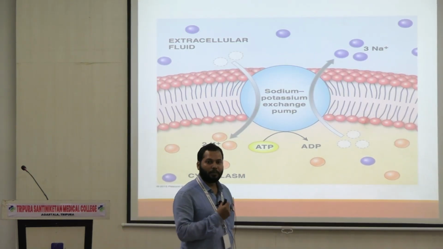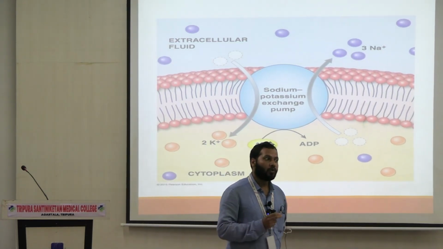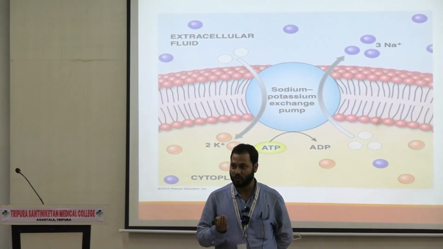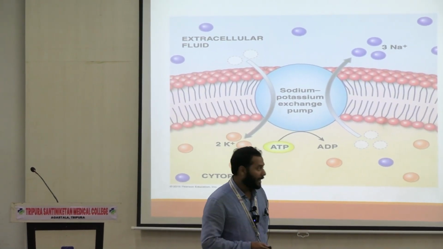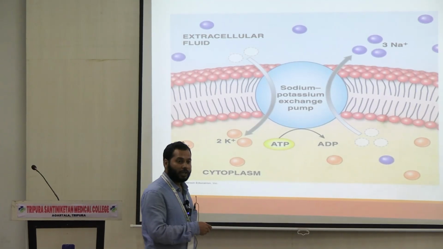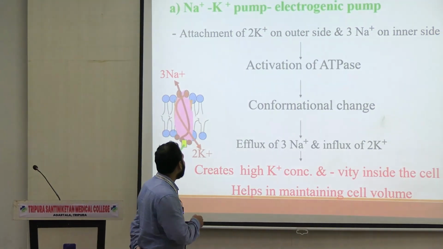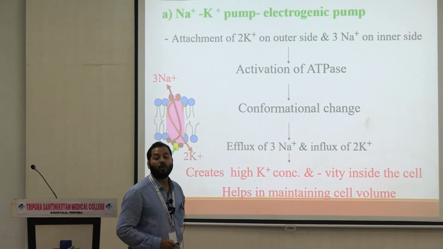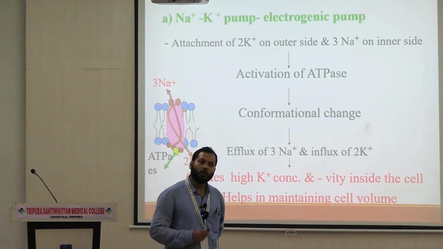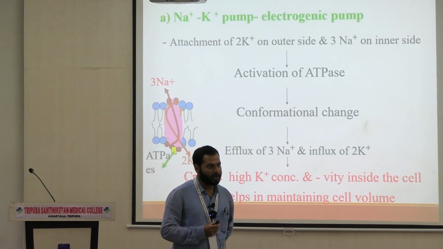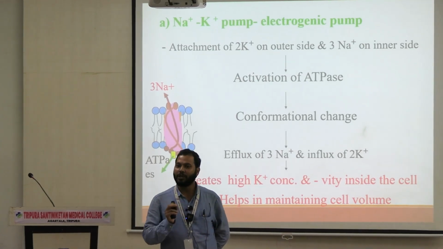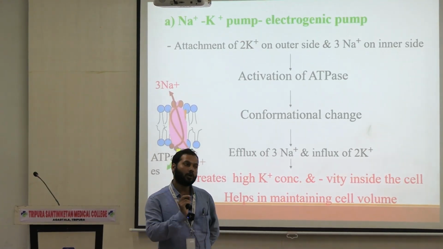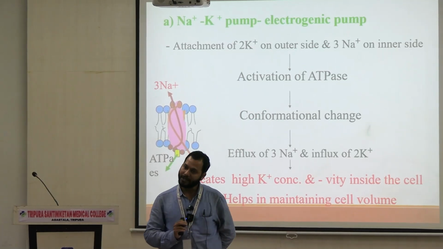But when the sodium-potassium pump acts, the molecular movements occur against their concentration gradient. So how does it actually happen? You can see at the initial phase, 2 potassium ions are attached to the outer side of this sodium-potassium exchange pump, because the outside of this pump contains the binding site for potassium ion, right? Two potassium ions can bind at a time.